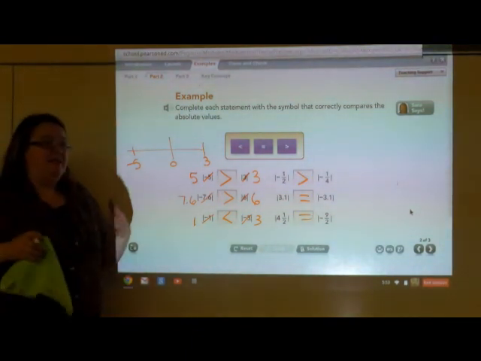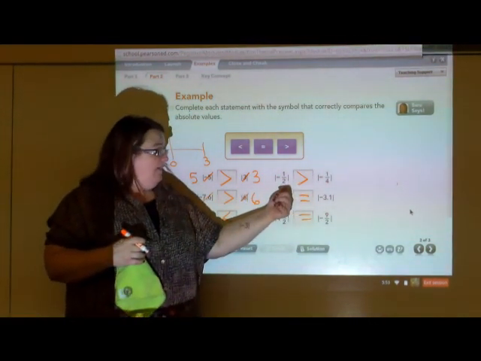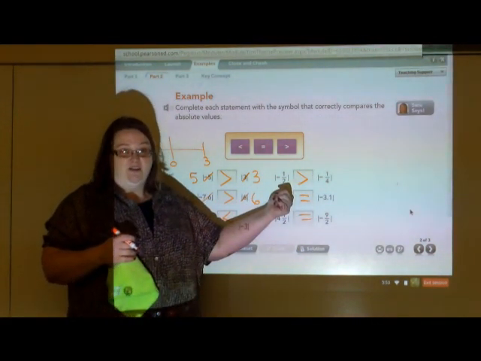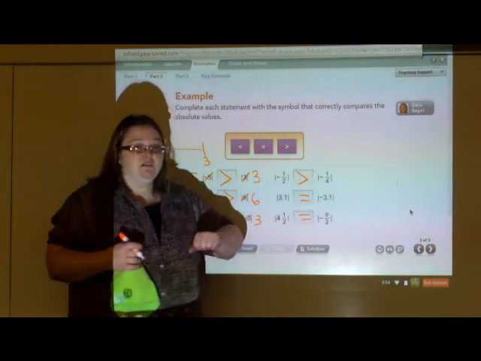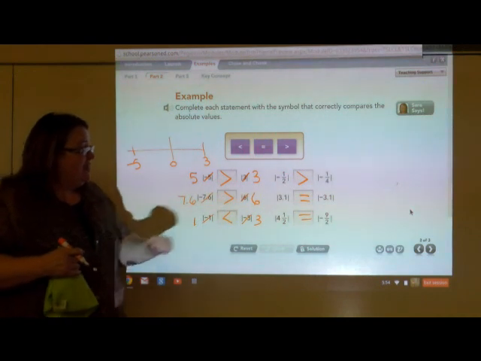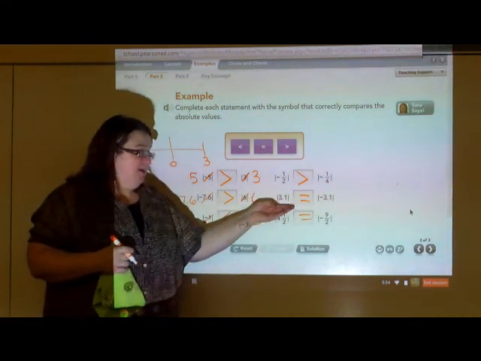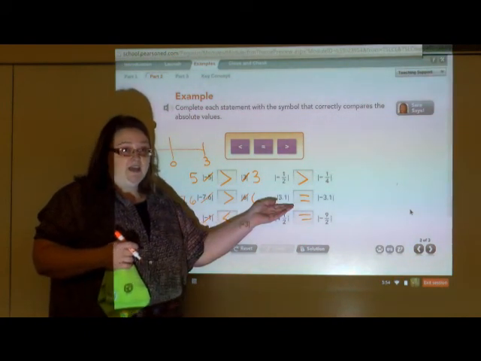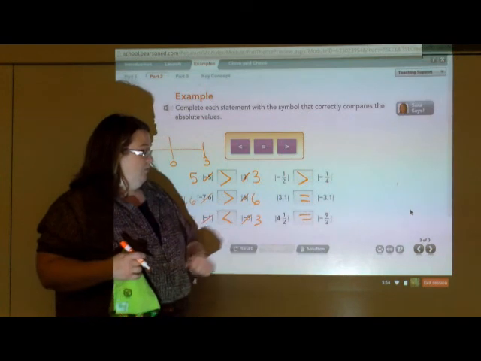Okay, so ladies and gentlemen, it takes a little bit of thinking about these fractions, but the absolute value of negative 1/2 is going to be greater than the absolute value of negative 1/4. Then they did a little trickaroo on us, didn't they? They gave us an equals sign, because the absolute value for both 3 and 1/10 and negative 3 and 1/10 is equal.